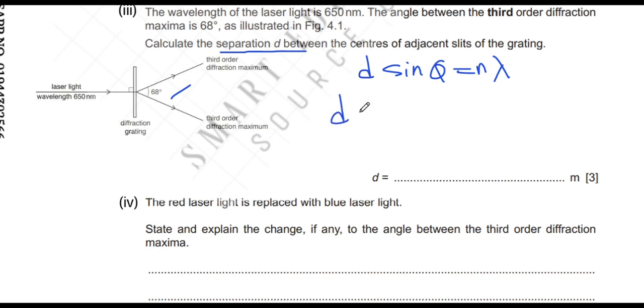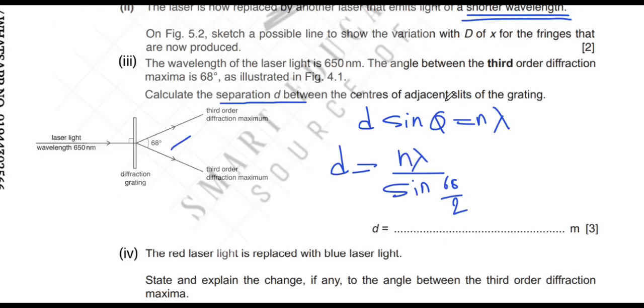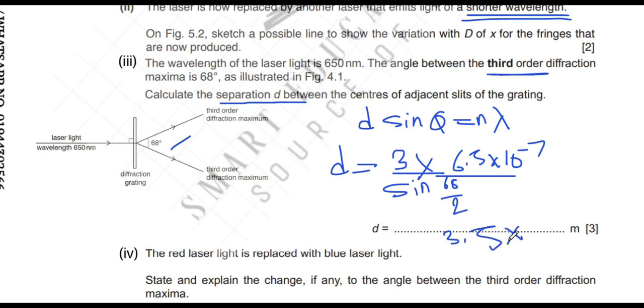If you make d the subject, it would be n lambda by sine theta, and this theta should be half of 68, that is 68 divided by 2, and the value of n should be 3 because they said this is the third order, and lambda should be 6.5 times 10 to the power negative 7. So if you put all the values together and calculate this, that would be 3.5 times 10 to the power negative 6 is your answer.